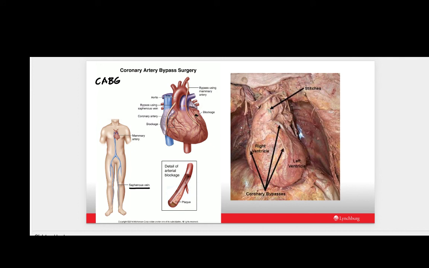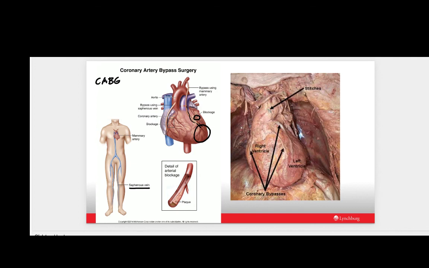So let's say you've got a blockage here. We can take this new artery and feed it from the aorta or a branch off of the aorta and travel it down a little bit past the blockage, so now it can feed that area of the heart that was formerly being supplied by the area that's now been blocked. That's coronary artery bypass grafting.